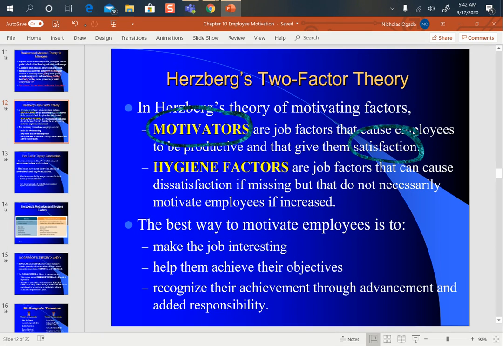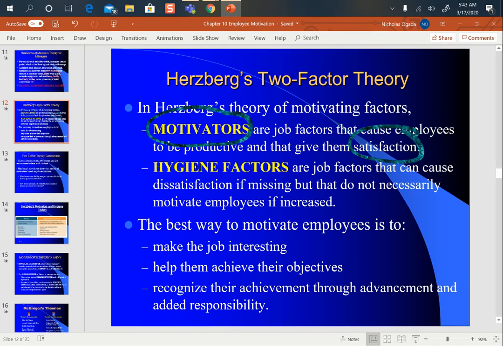In other words, if they're missing, they result in dissatisfaction, but they do not necessarily motivate employees if they're present. So they don't motivate employees, but they result in dissatisfaction if they're missing. And you're going to see what those factors are. Again, I said this before, some of you will be surprised with some of these factors.